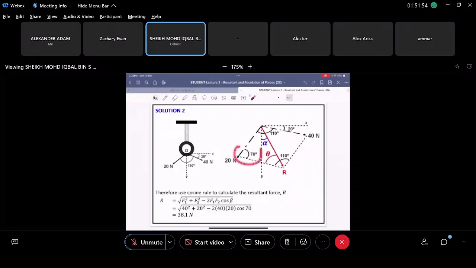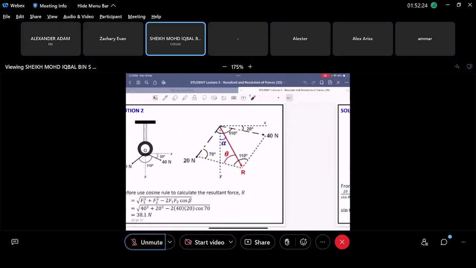Once you get your 70 degrees, put it into here, and finally you will have your resultant force, which is 38.1 Newton, right? It's more so on basic maths, right? You just have one formula to calculate the engineering aspects of applied mechanics. The rest all depends on your knowledge in mathematics, right? This is trigonometry, right? Calculating the angle and so on to get 70 degree, all right?